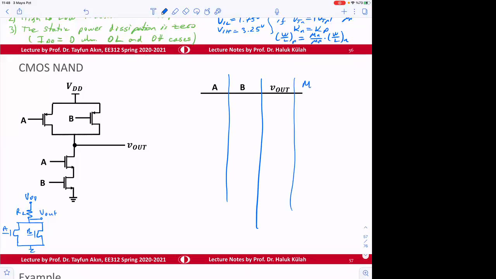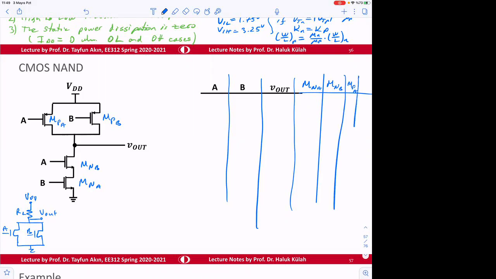So this is MNA, MNB, MPA, MPB transistor. So we can write this MNA, MNB, MPA, MPB. Okay.